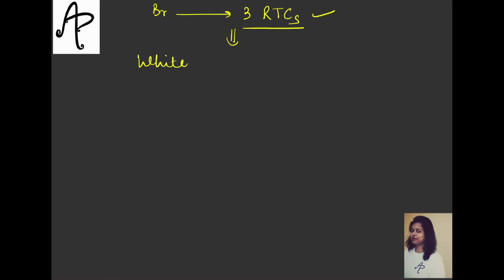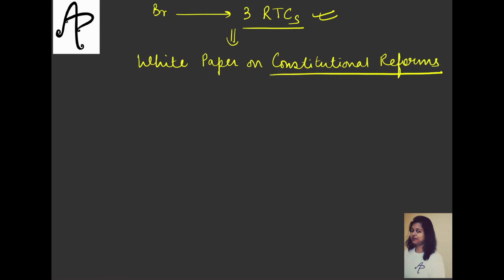now we are not doing the details of RTC here. It is not the subject matter right now. So a white paper on constitutional reforms, again, this is a very important term. Okay, white paper, which means a final concluding paper you can say, on constitutional reforms was published in 1933 by the British government. और यहाँ पर they talked about that, okay, we'll have the federal setup, we'll also have the provincial autonomy. ठीक है.